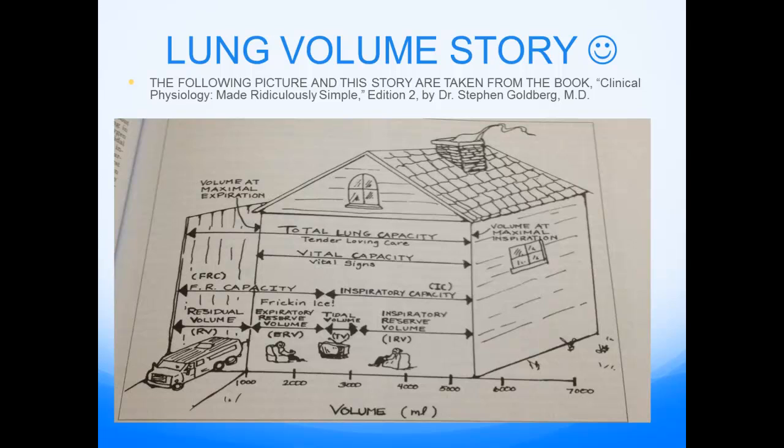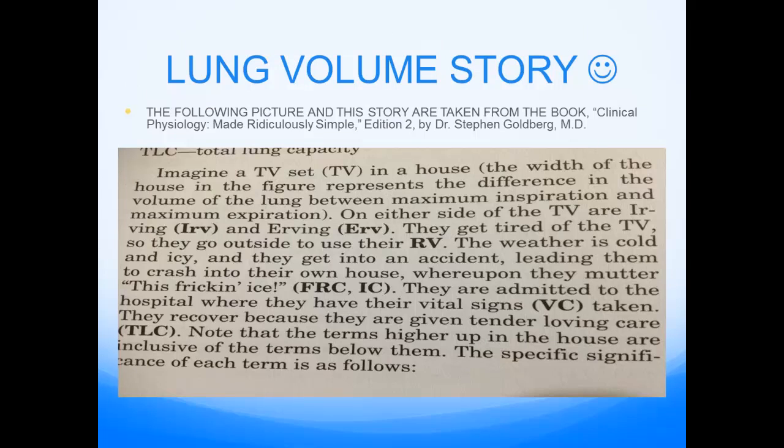Here is the story. Imagine a TV set in a house. The width of the house in the figure represents the difference in the volume of the lung between maximum inspiration and maximum expiration. On either side of the TV tidal volume are Irving, IRV, and Irving, ERV.